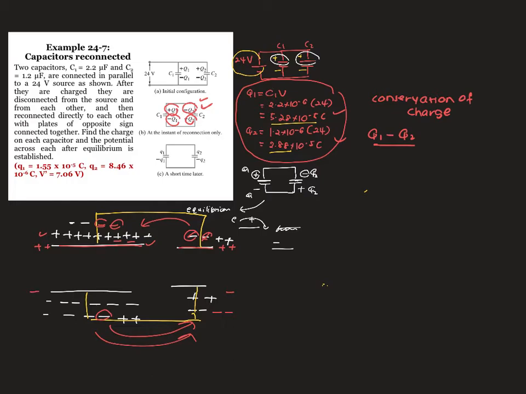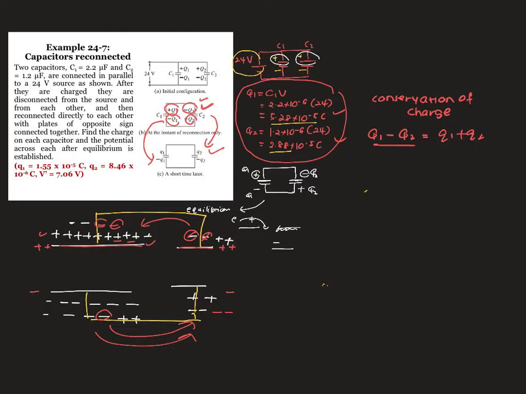It's up to you, but if you choose the upper plate before equilibrium, you must also choose the upper plate after equilibrium; if you choose the lower plate, choose the lower plate after. So Q1 minus Q2 is equivalent to q1 plus q2 after equilibrium. I'm using capital Q for before equilibrium and small q for after equilibrium.